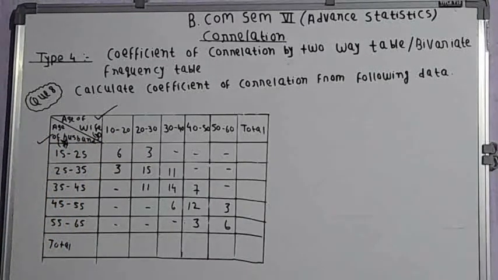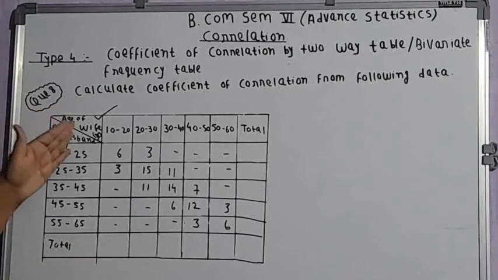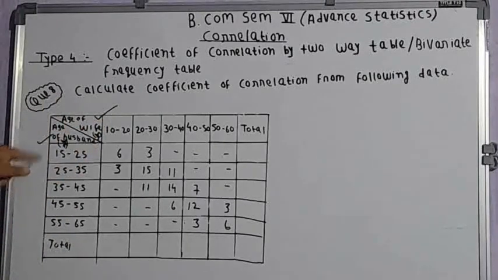So here we will consider that age of wife is denoted by Y and age of husband is denoted by X.